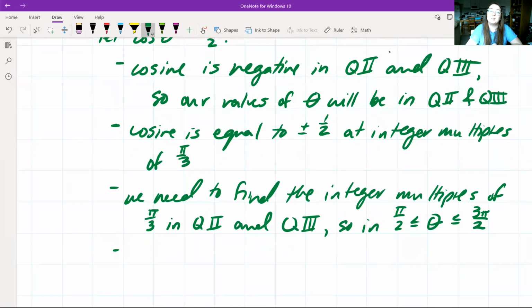If we have access to a unit circle, it will be very clear which ones they're going to be. But if we think about just greater than pi/2, that first value is going to end up being 2pi/3. And then our next integer multiple of pi/3 that's going to be in quadrant 3 would end up being 4pi/3.